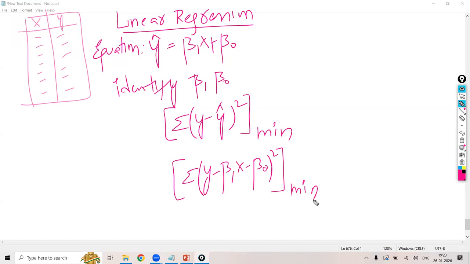Once you expand this and apply dy by dx, automatically you get beta 1 and beta naught. The same thing which I explained during the linear regression time. Everyone remember or not?